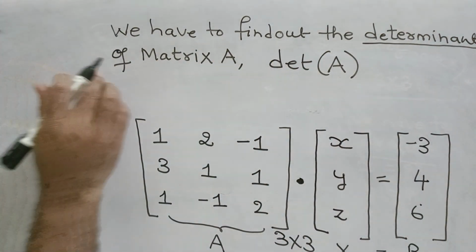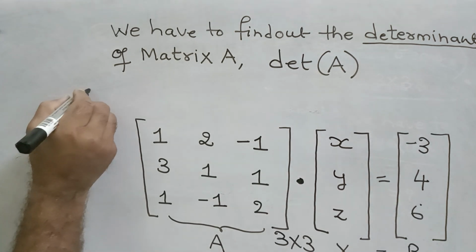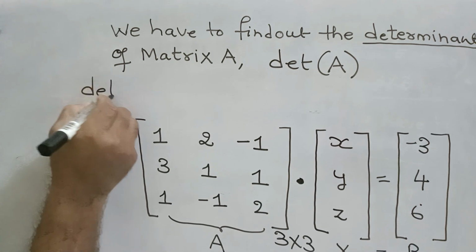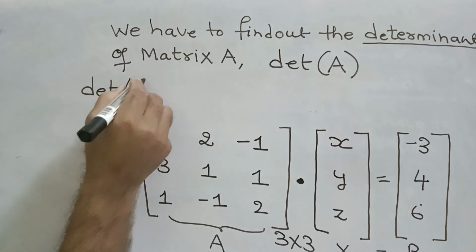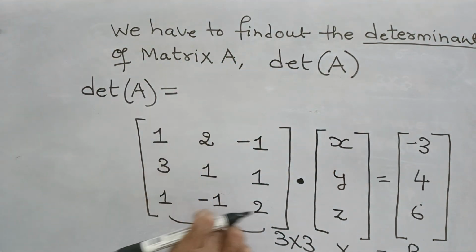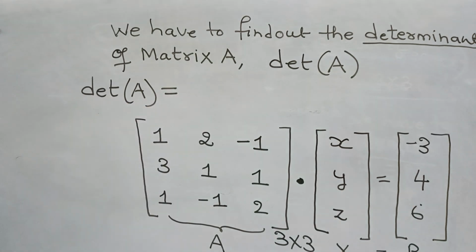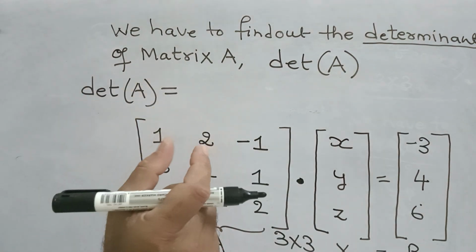What is the determinant? There is a formula actually. How can the determinant of A be obtained? So this is the given matrix A. For this, the determinant of A can be given like this. It is a value actually.